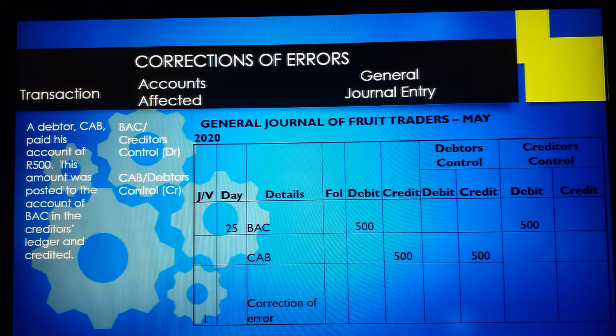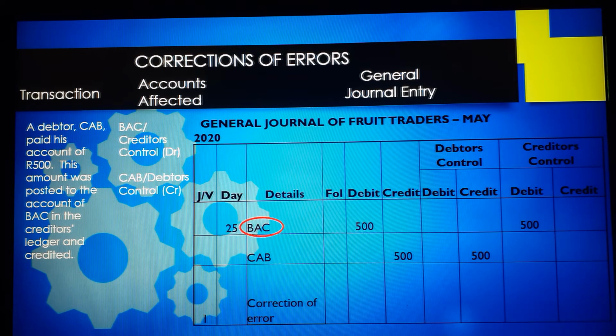We would therefore debit BAC in our creditor's control to take away the 500 Rand, and we would credit CAB in the debtor's control because that is where the debtor actually paid us the 500 Rand that he owes. So we now need to show that the debtor has paid off that amount by crediting his account.